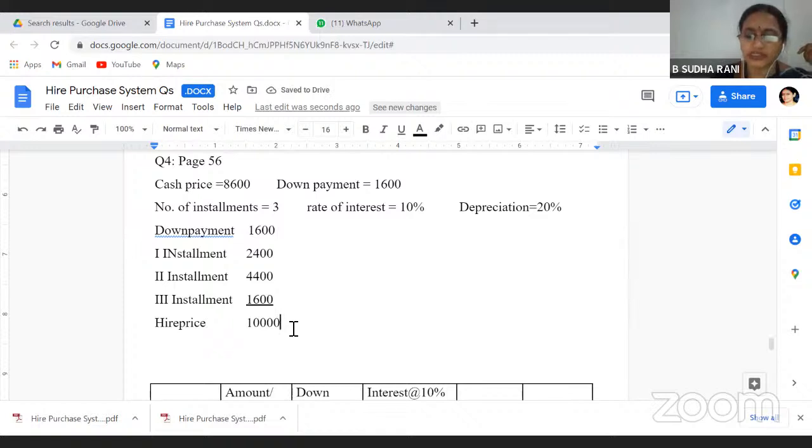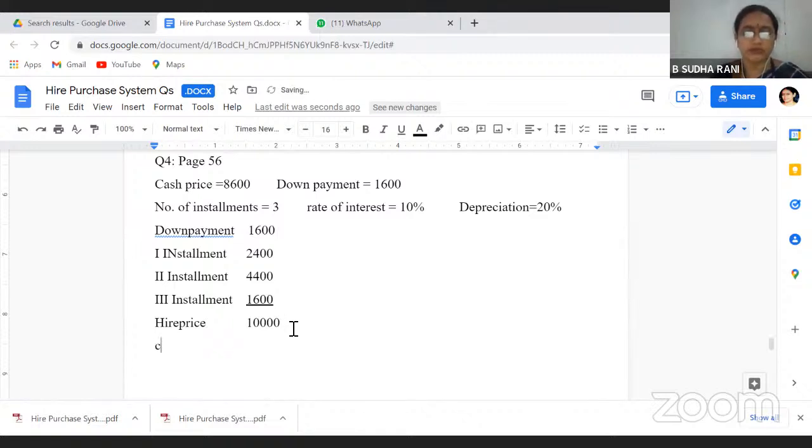So the cost price is given to us in the question. What is the cost price? 8,600. Right?